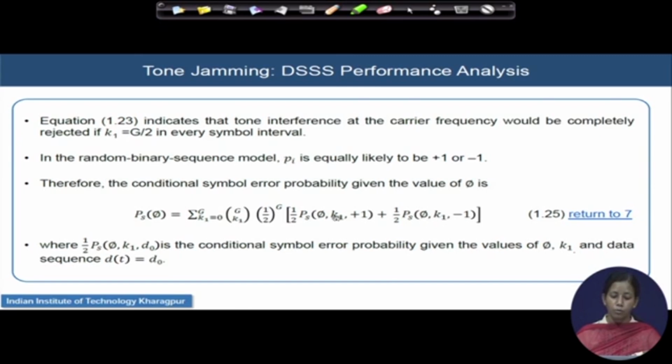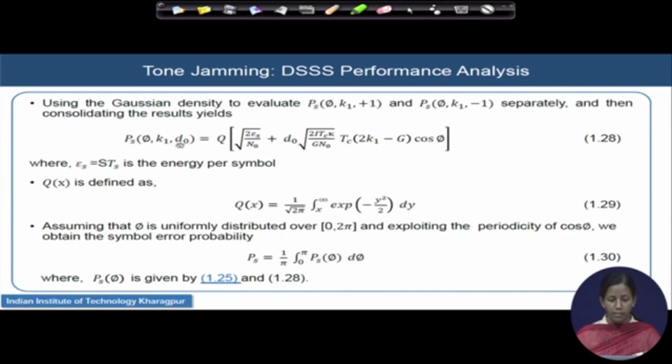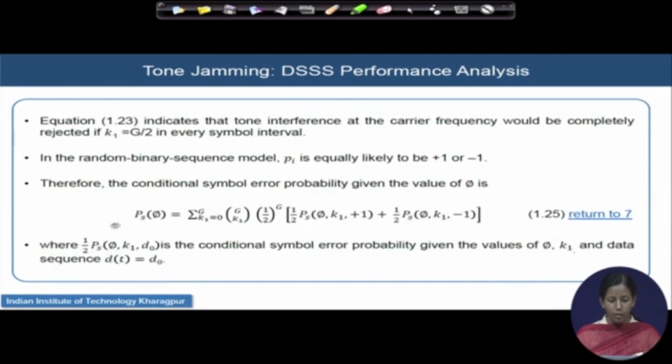Please remember that both these conditional symbol error probabilities are heavily dependent on the choice of k1 also. So you must properly choose the value of k1 in such a way that the value of V1 does not come to 0 and it contributes to the error probability calculation. Finally, we have reached the equation of Ps, and substituting the value of this Ps back into equation 1.25, we will be able to compute this Ps phi.